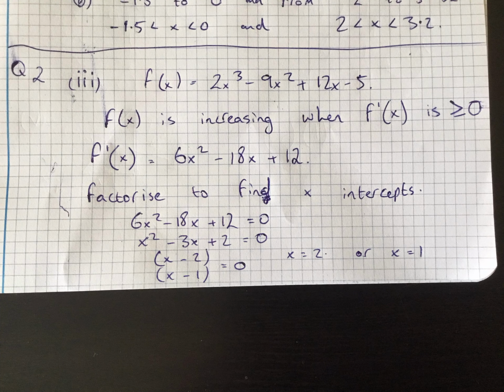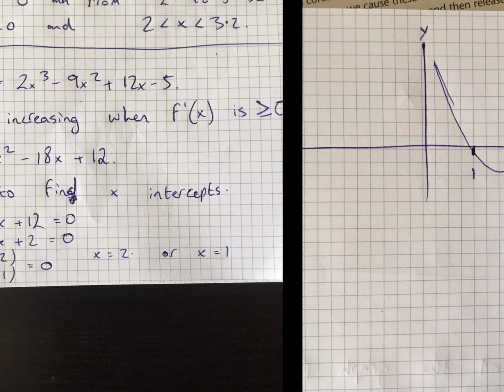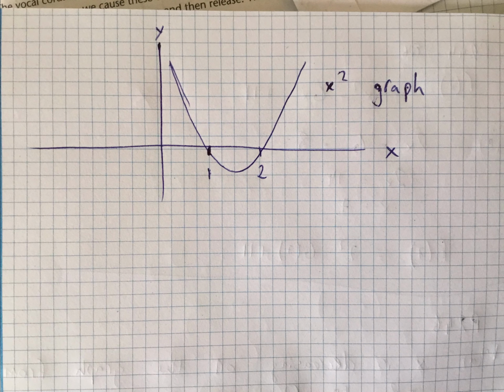So if I go back to the second line written here in the problem, the function is increasing when f prime of x, or the first derivative, is greater than or equal to 0. Now I've figured out where x is: x is 2 or x is 1. If I draw onto this graph here, I've drawn a very quick example of what the graph should look like.